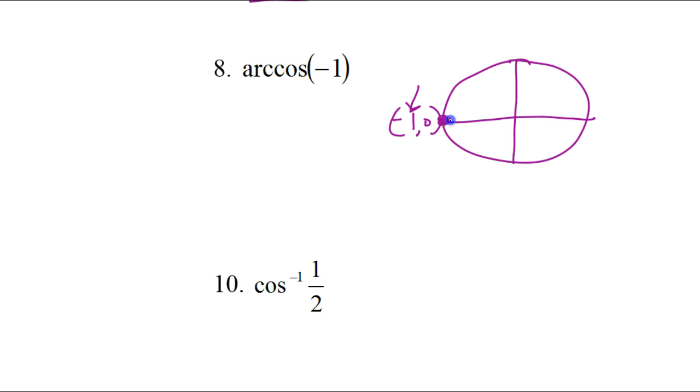That's the only place. Is it within the defined domain for arc cosine? Yes, it is. Cosine is defined from 0 to pi, including pi. So the answer is pi. Okay, because this is the place where the cosine is negative 1.